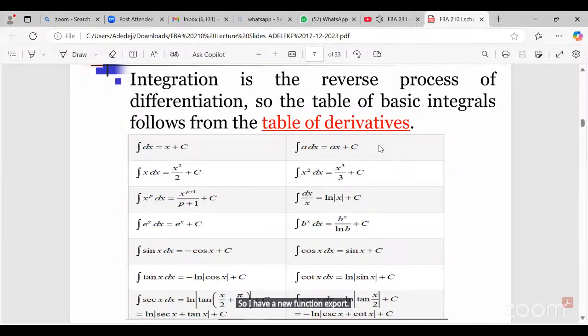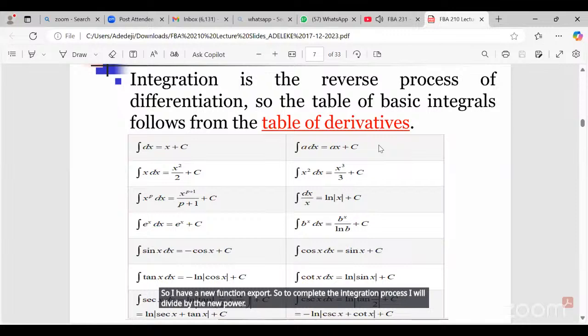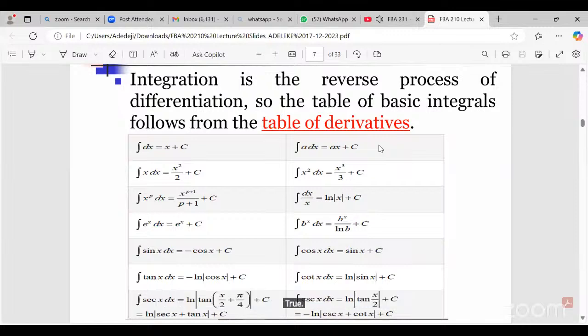To complete the integration process, I will divide by the new power, 2. Then at the end of the day, I add my arbitrary constant c to it. And we have other standard integrals as presented on the table.